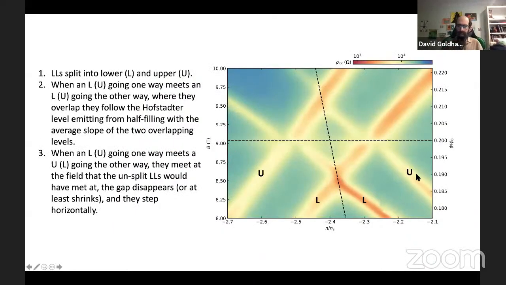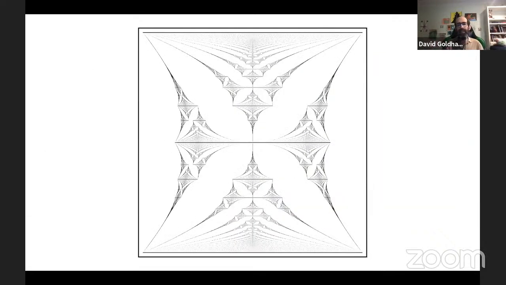I told you that there's this really ornate crossing, where each of the split levels has a jump as it crosses the other. So let me just tell you a little bit about the Hofstadter model. This is called the Hofstadter butterfly.